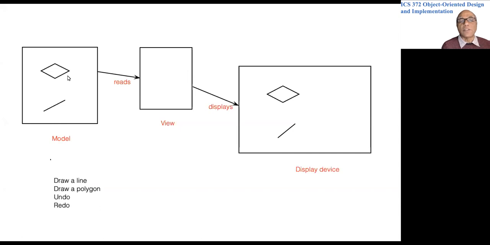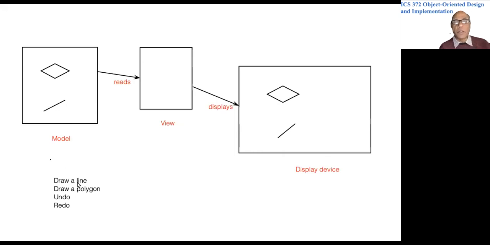And as these objects are added and updated, the view reads those objects and displays them on the device. So that is what happens. Whatever is in the model, we read and display. And the view is responsible for that operation.